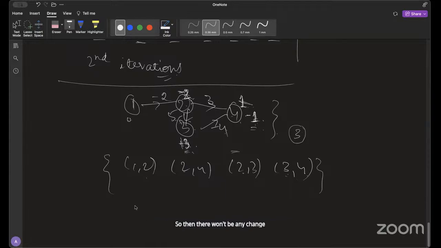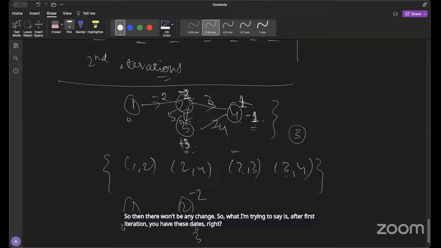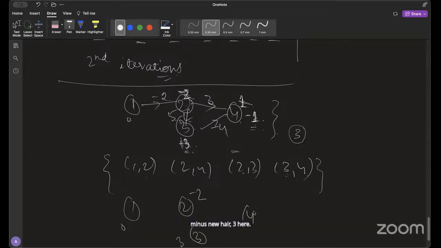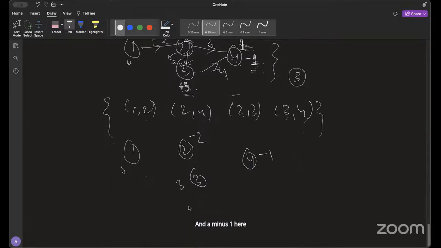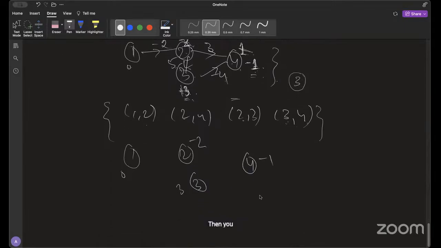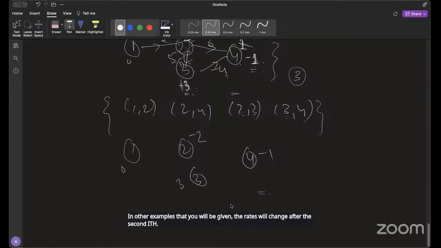So what I'm trying to say is, after the first iteration, you have these weights: -2 here, 3 here, and a -1 here. Then you do the second iteration. In this one it doesn't change, but in other examples that you will be given, the weights will change after the second iteration. And then you do the third iteration. You can only do 3 iterations here.